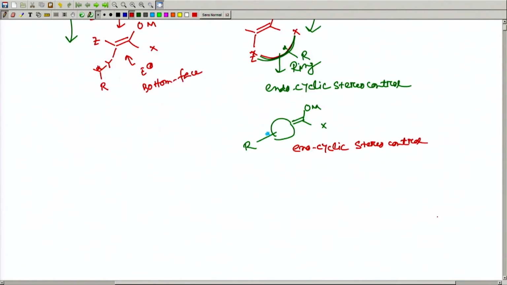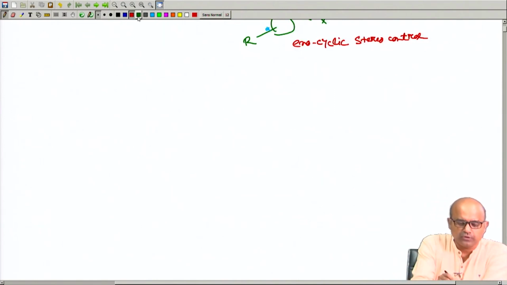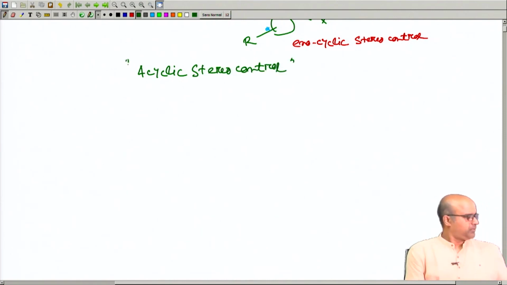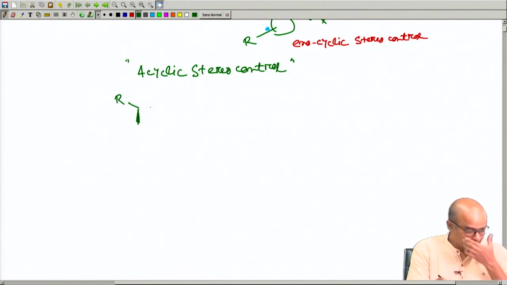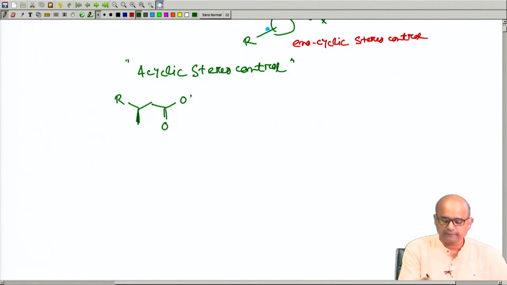Now, first let us start with acyclic stereocontrol. In acyclic stereocontrol, we will first give you a very well known example of a system where you take a compound whose structure is this.